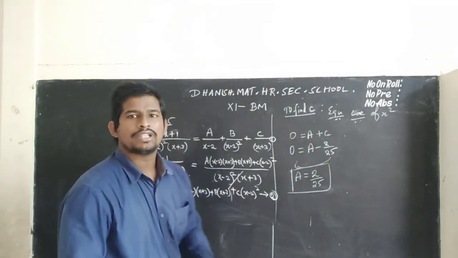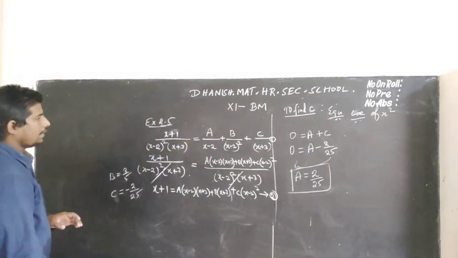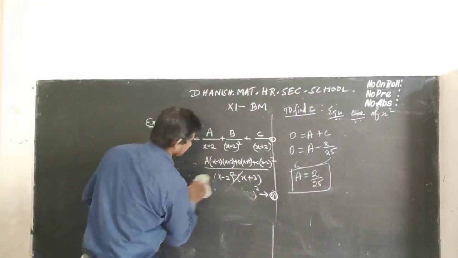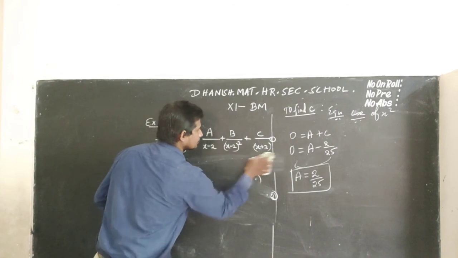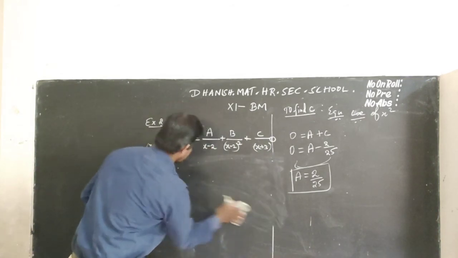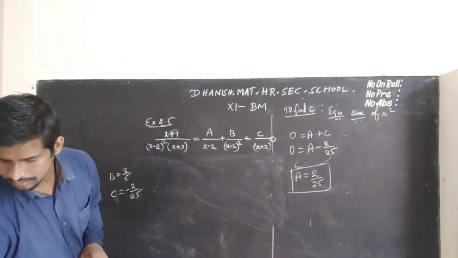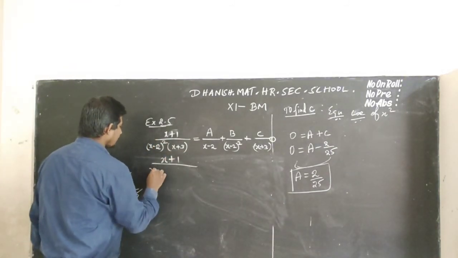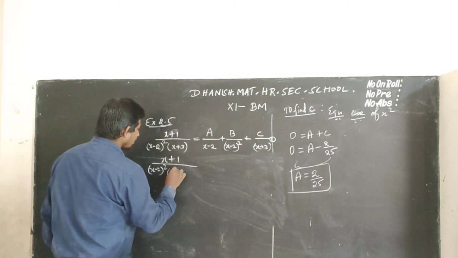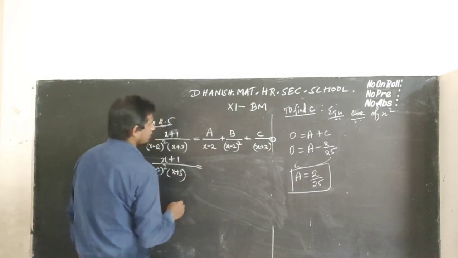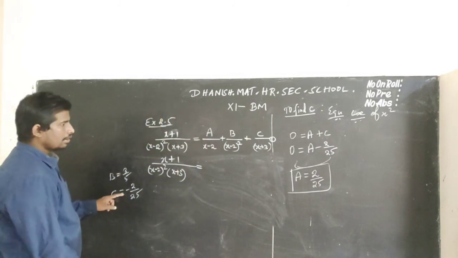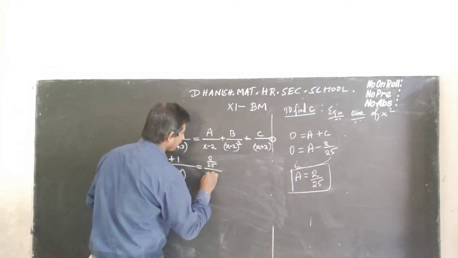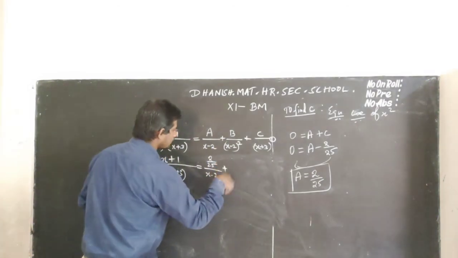Now I am going to substitute a, b, c in equation number 1. So x plus 1 by x minus 2 whole square into x plus 3 equal to a. What's our a? We got our a, 2 by 25, divided by x minus 2, plus b.